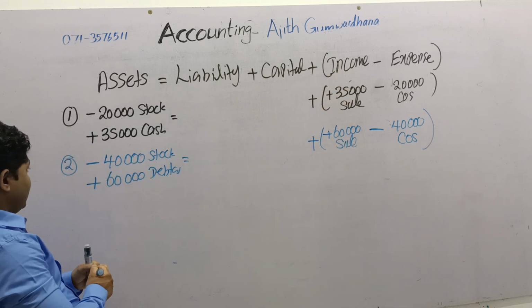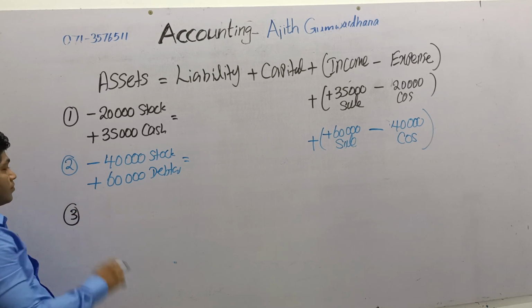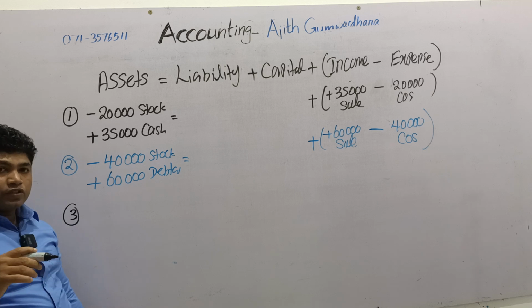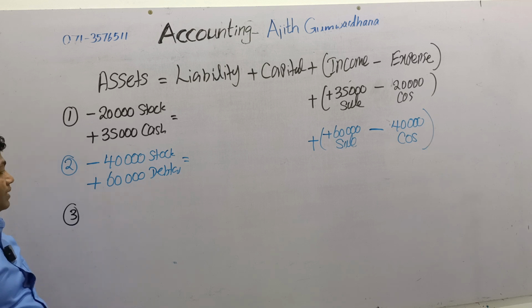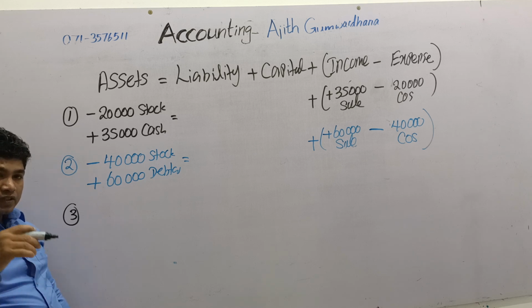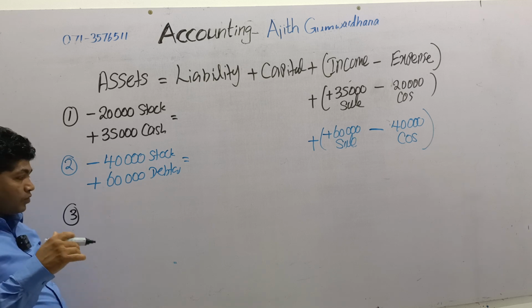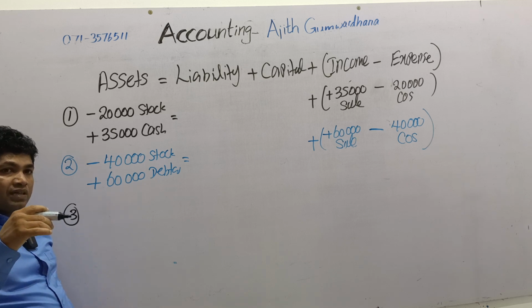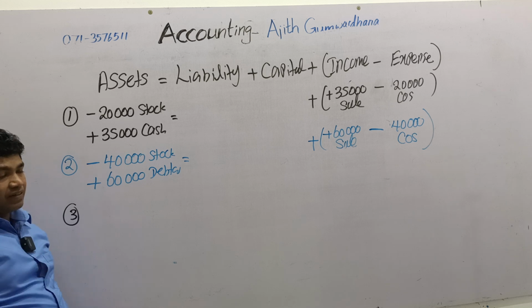Think third transaction. Third one was sales return. 10,000 worth of goods was sold for 15,000 but returned by the supplier. The return of the goods sold on credit for 15,000, its cost price equal 10,000.